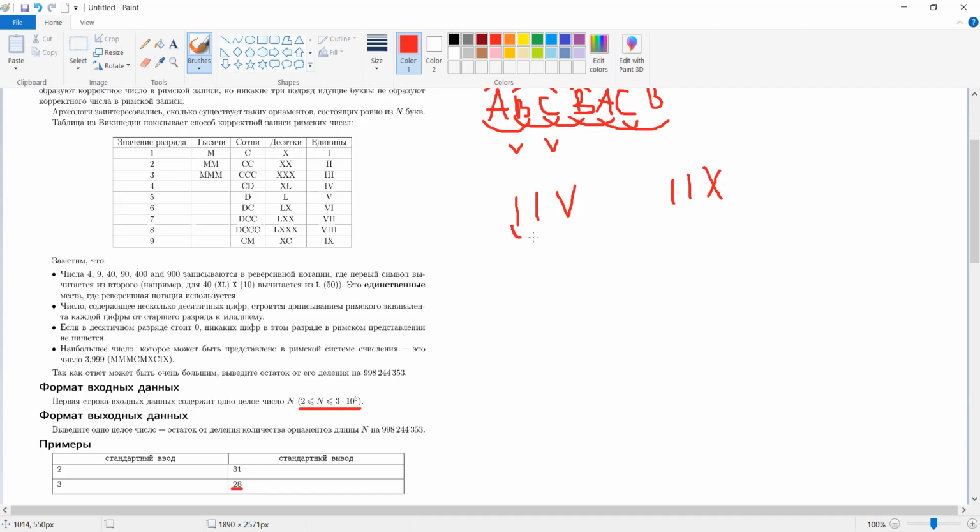Why? Because this is 2, this is 4, but this is an invalid number. You cannot deduct 2 from 5. Only 1 can be deducted. The same goes with that. So there are some of these sequences. We have 28 of them.